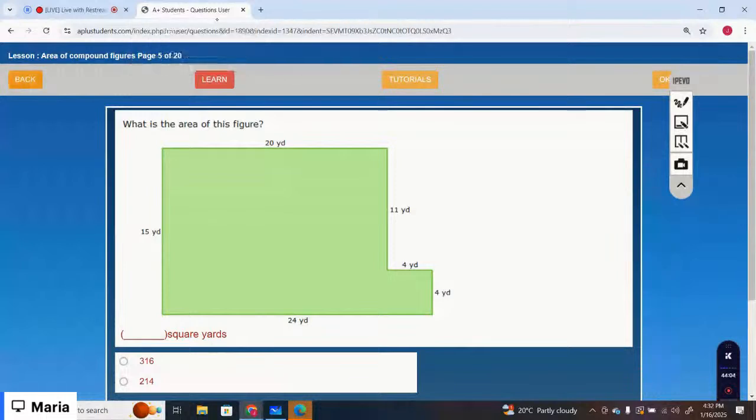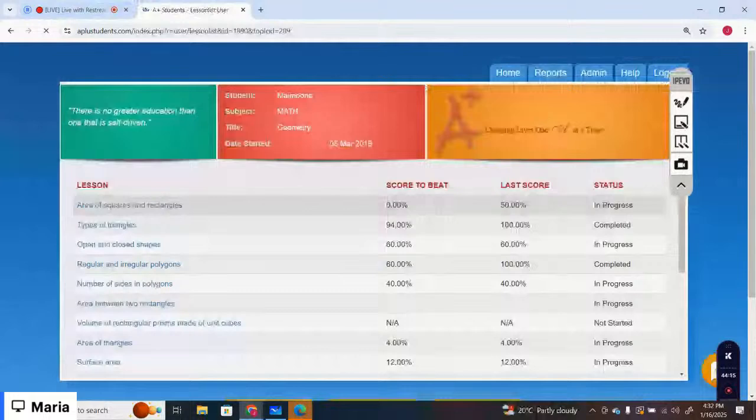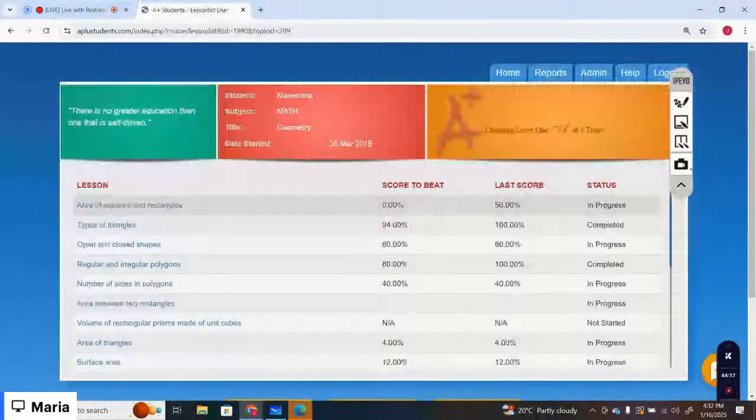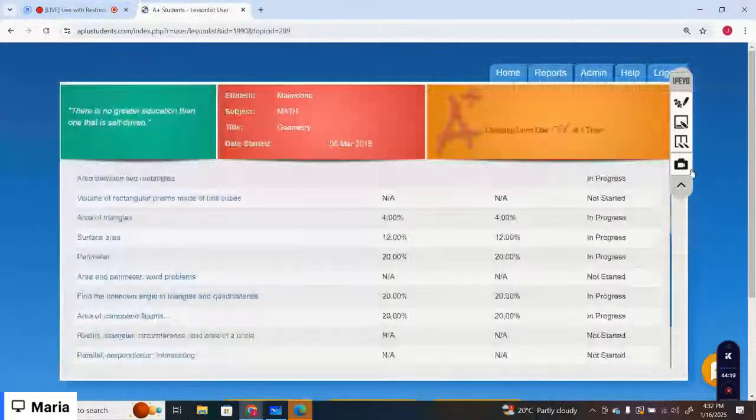Okay, you can complete the lesson by yourself later today. Let's just move on to the next lesson. The next lesson is circumference and area of a circle.